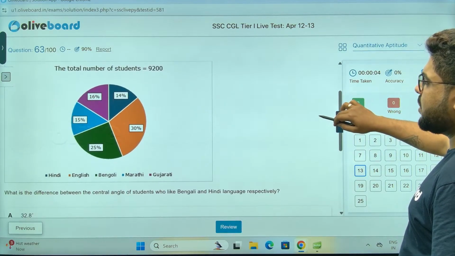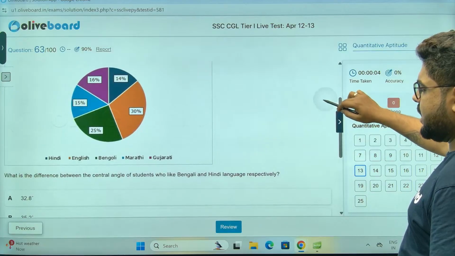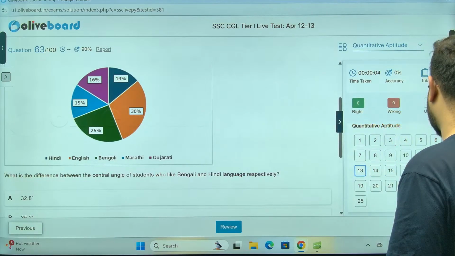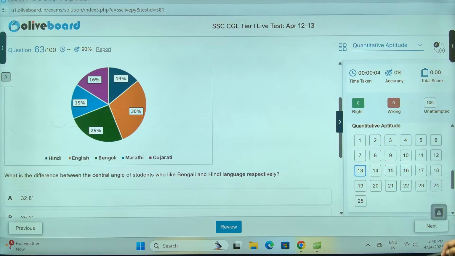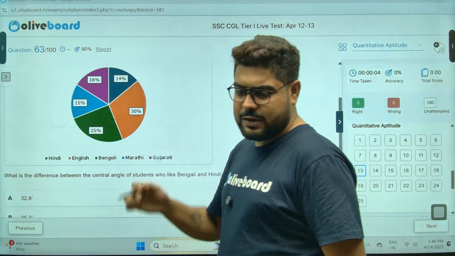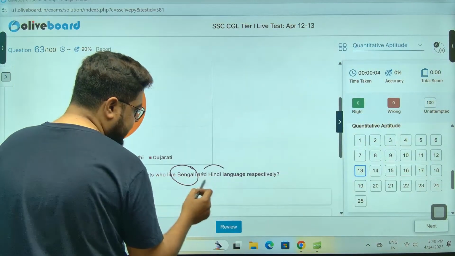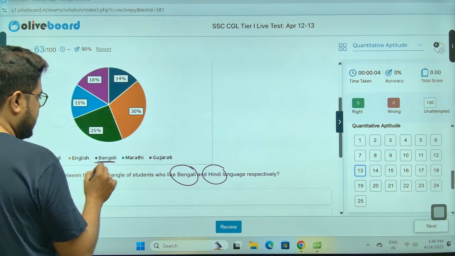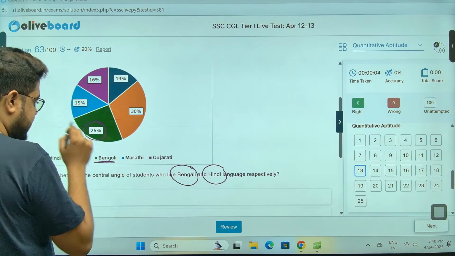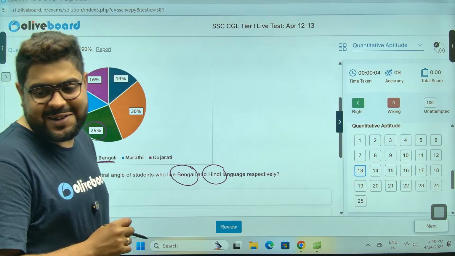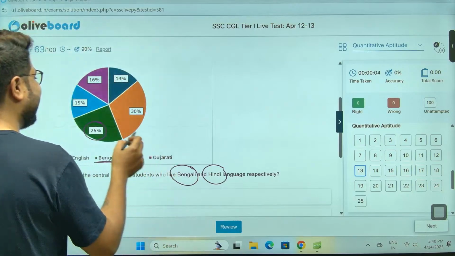So total number of students, okay. Difference between central angles, if they want, I do not need the total value. Bengali and Hindi. Bengali is 25.